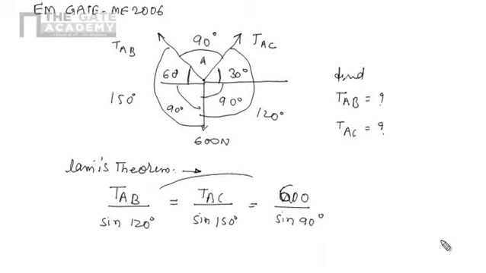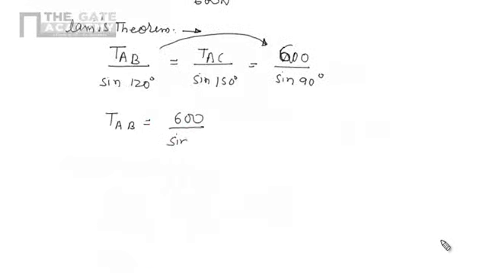Now we can equate these, so TAB equals 600 divided by sine 90 into sine 120 degrees. The value of sine 90 is 1 and the value of sine 120 degrees is 0.87.